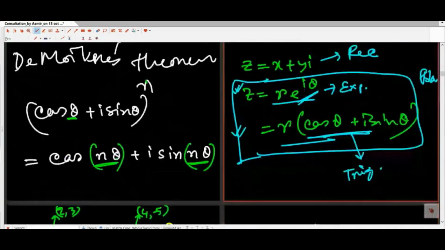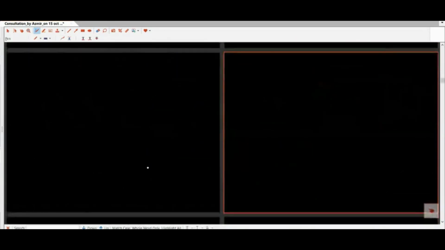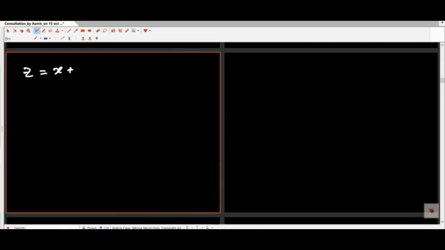So if we have a complex number z equals x plus yi, then R equals root over x squared plus y squared. This is known to us.